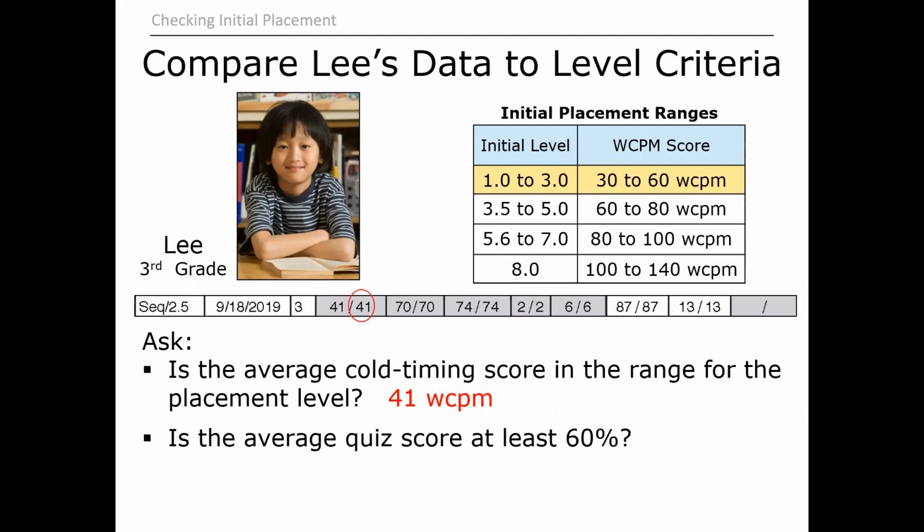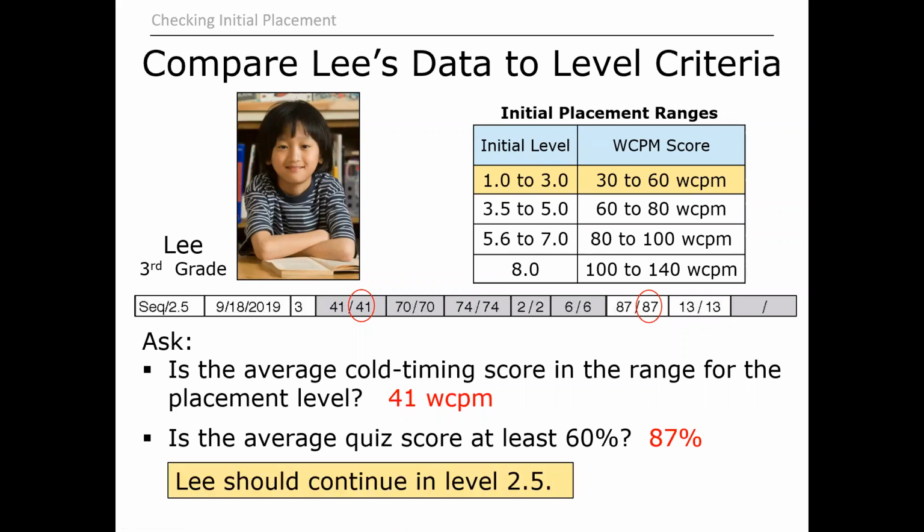From a fluency standpoint, I know he's in the right spot because his words correct per minute score is in the right range. Lee also has good comprehension. He's well above 60%. So that tells me we're going to continue Lee in level 2.5. His words correct per minute score fits right within that range. That's exactly where we want him to be from a fluency score, in order to work in this level.